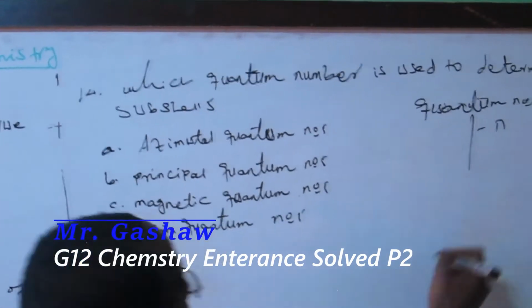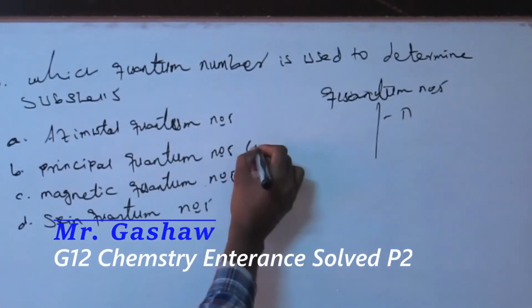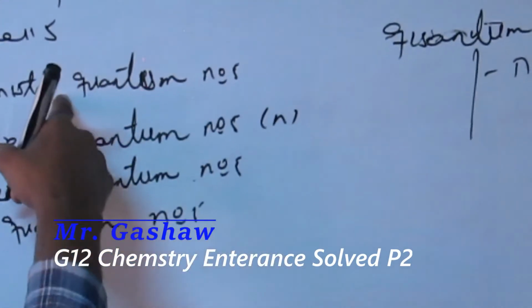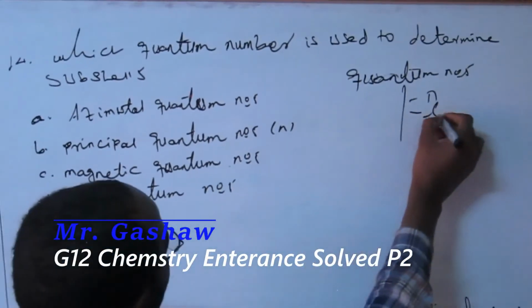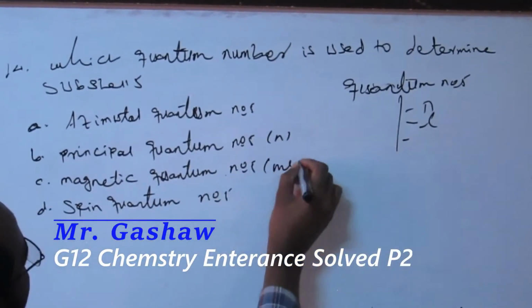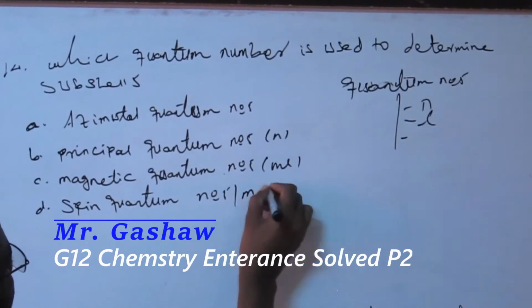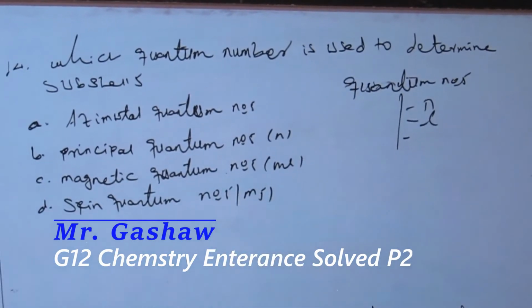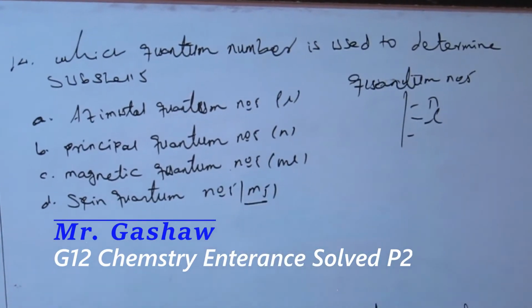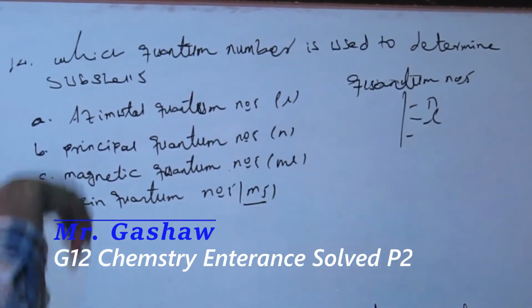The first one is n, the principal quantum number. The azimuthal quantum number is l. The magnetic quantum number is ml. The spin quantum number is ms. As the first, the spin quantum number is only the spin of electrons, 2, up and down.